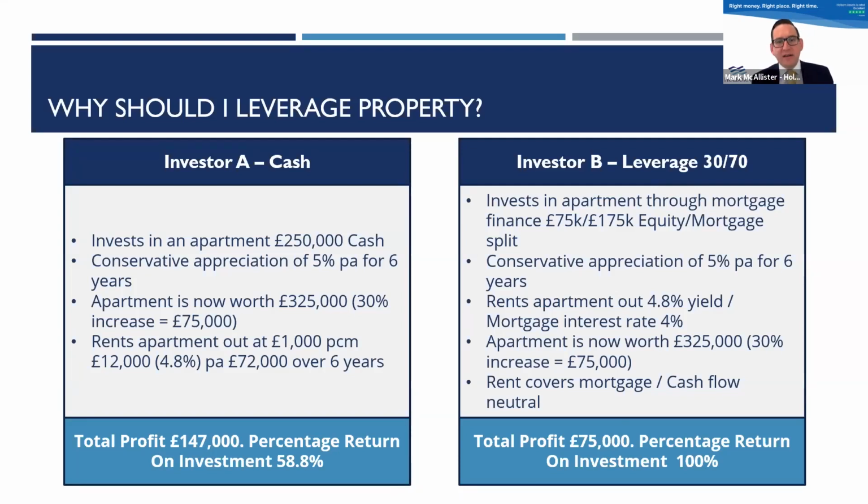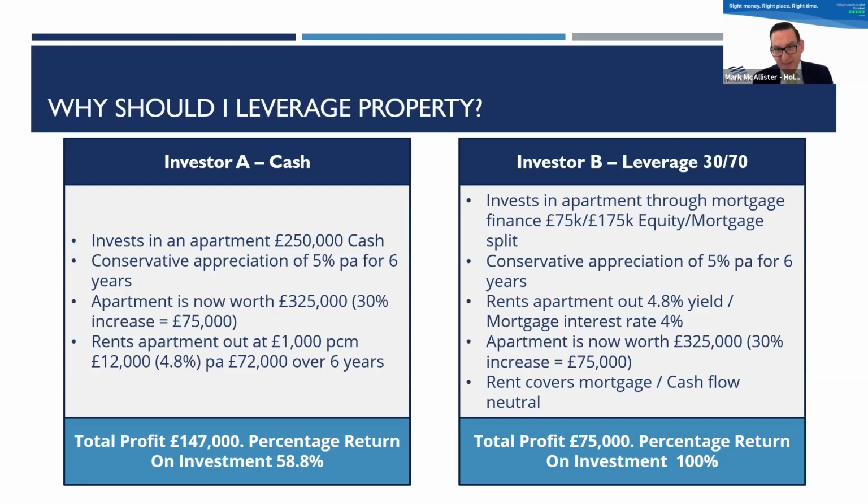Now, the second brother, or sister, decides to leverage that investment. So instead, he puts down 30%, which is about £75,000 of the purchase price, and borrows the rest from a UK bank, which are currently at the lowest interest rates in history. The same growth applies. He uses the same rental money to pay for the mortgage.